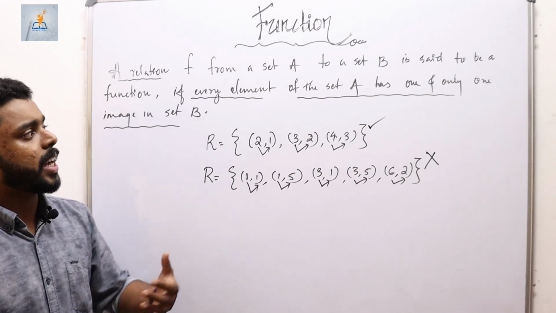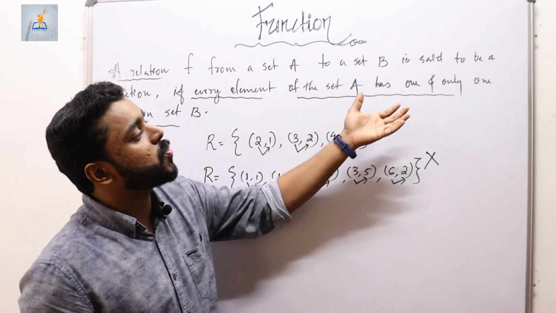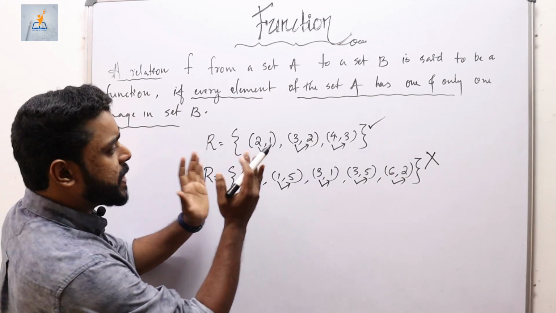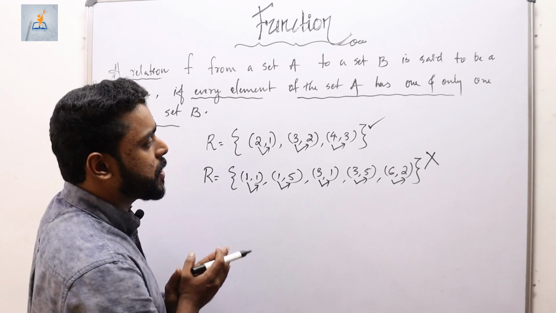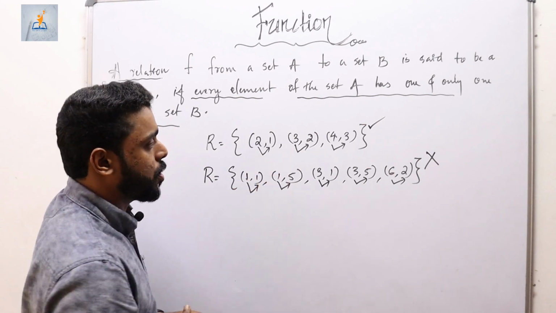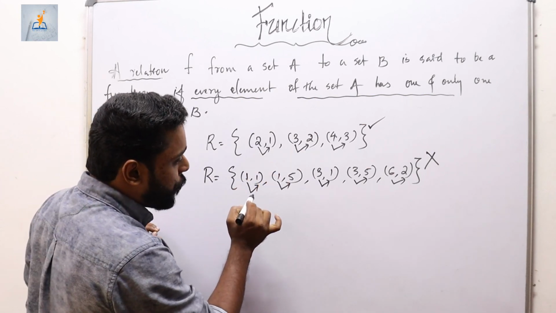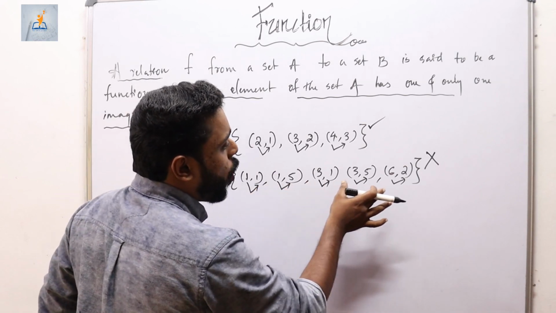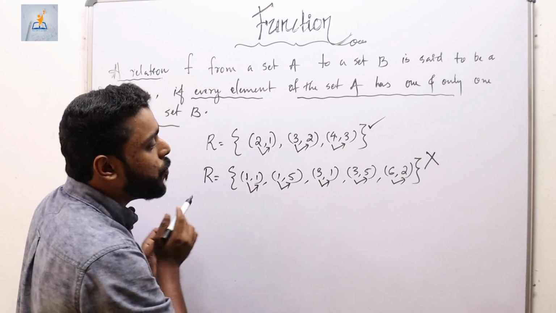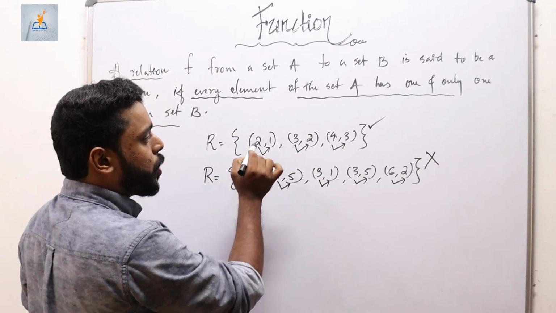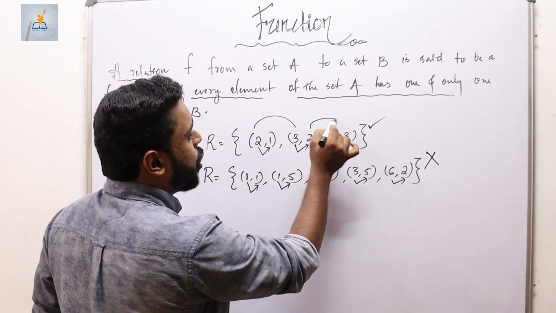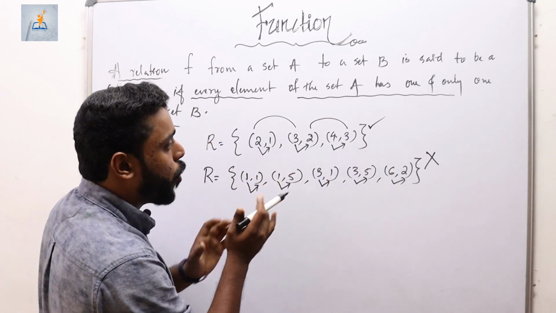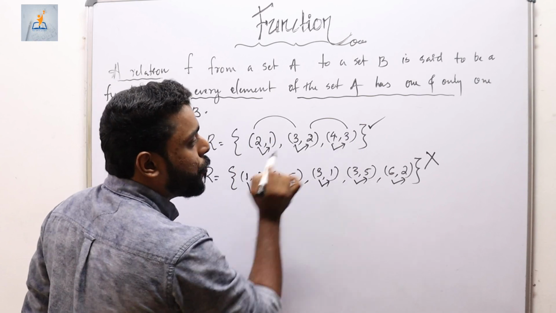In order to check whether every element has one and only one image in the set B or not, just observe the relation. You can easily observe it by looking at the roster form, and identify whether distinct ordered pairs have the same first element or not. Here, considering any pair, each and every ordered pair has a distinct first element.